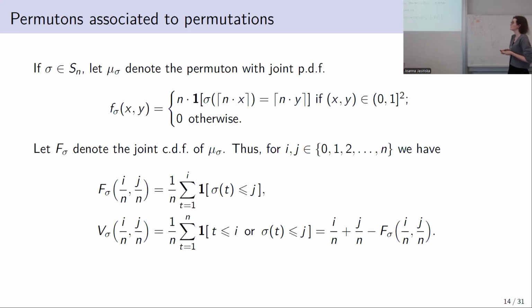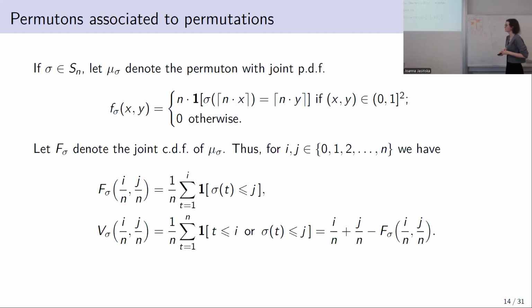We are now counting. We don't have points. We have squares, and now by a joint CDF in this discrete version, I will denote just again counting the numbers, like how many times I was below the level j and before some time t.